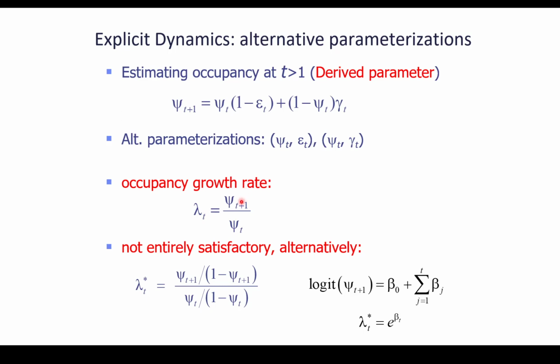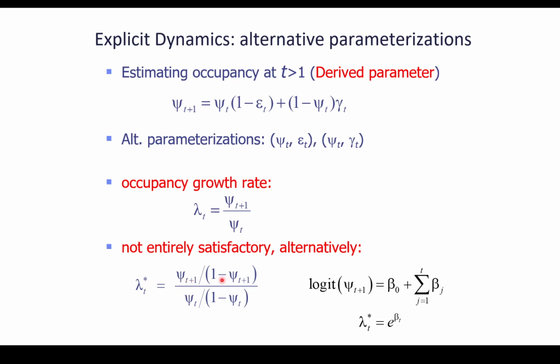We could do the same thing with psi in principle, except we have to remember something. Psi is a proportion. It's a number that's bounded from 0 to 1. And so you can get really weird values for lambda, which make no sense, including a lambda of 0, which absolutely doesn't make any sense. So because of that, even though this is in Mark, it's not particularly satisfactory. And folks like Darryl MacKenzie and Larissa Bailey have concocted an alternative approach, which is based upon something called log odds, where lambda, called lambda star, is represented as you see here.